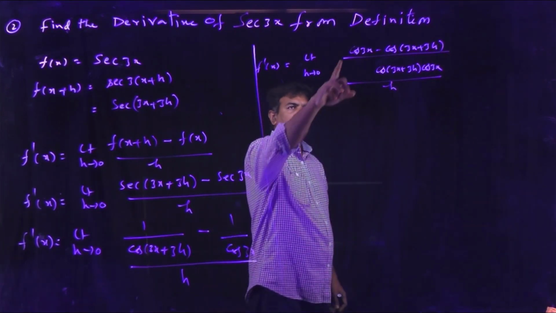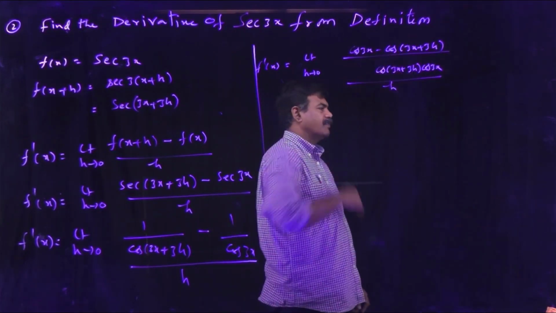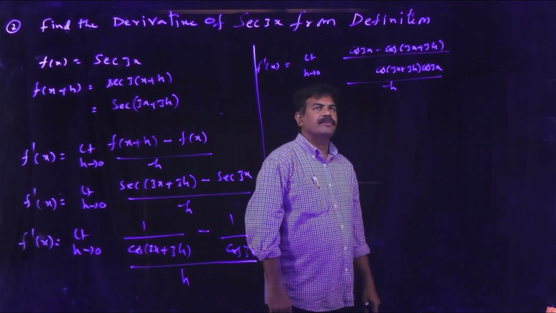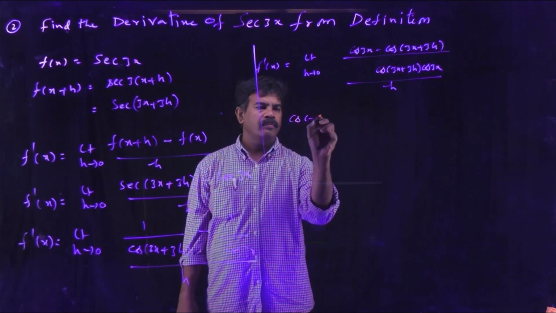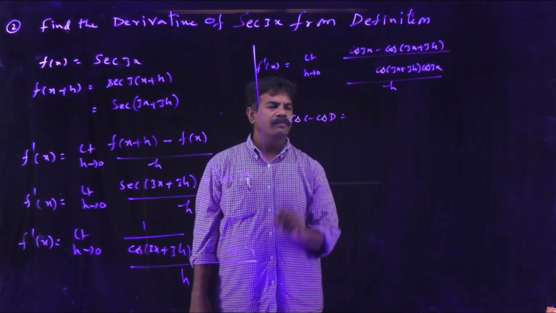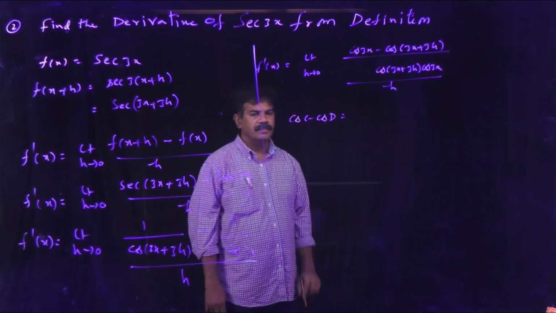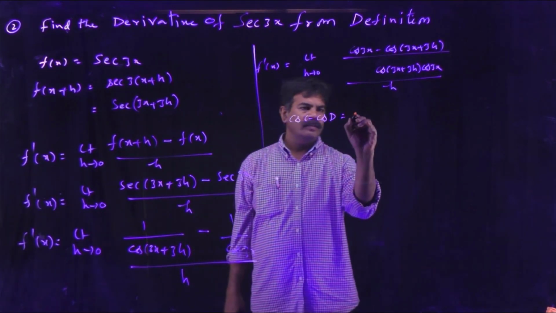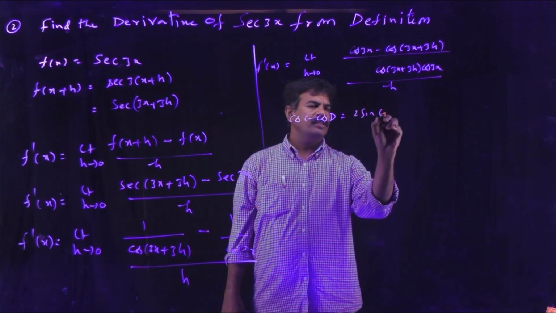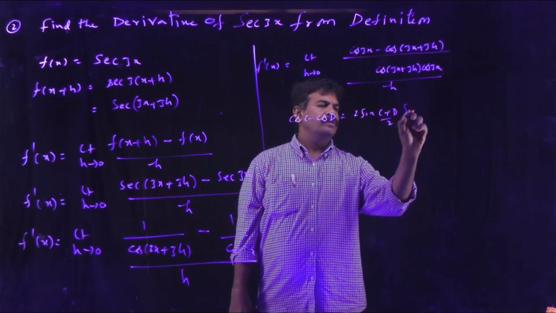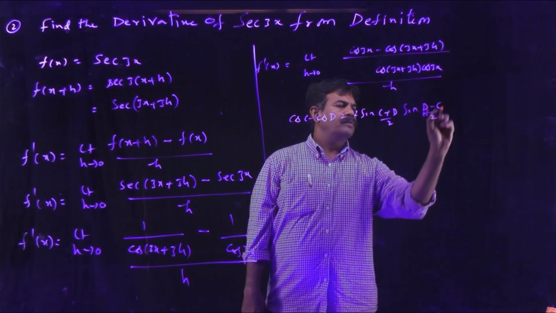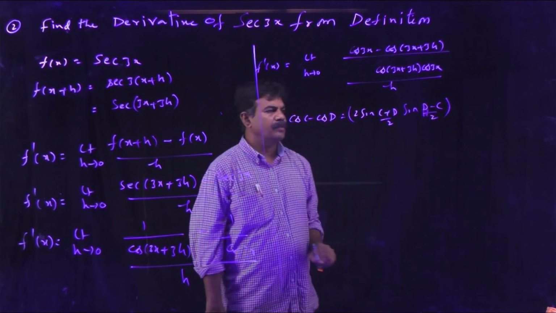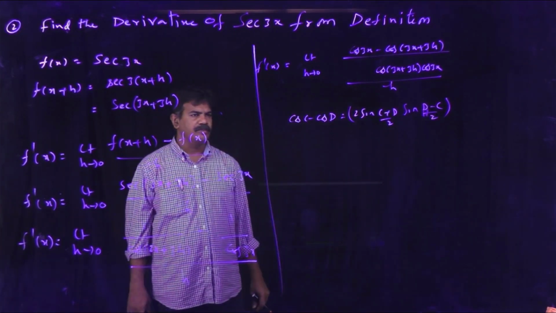In numerator, that is cos c minus cos d formula. Already we know that cos c minus cos d is, we have two formulas for this cos c minus cos d. So we write 2 sin c plus d by 2 sin d minus c by 2.